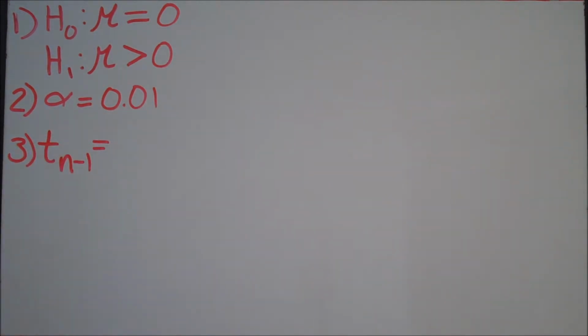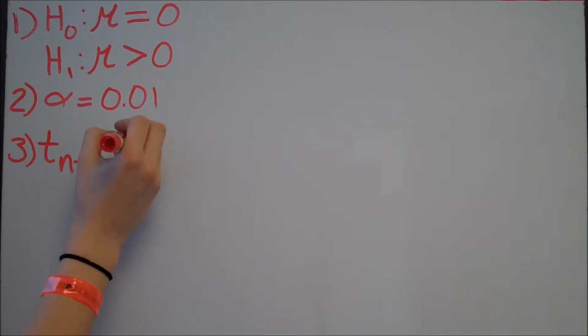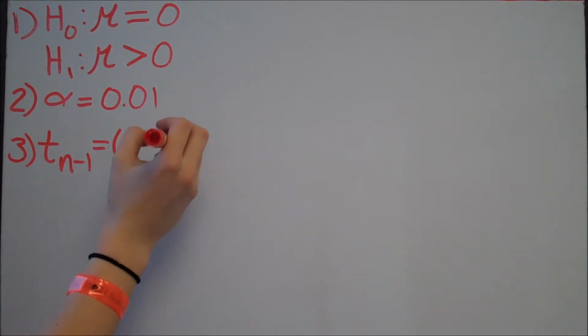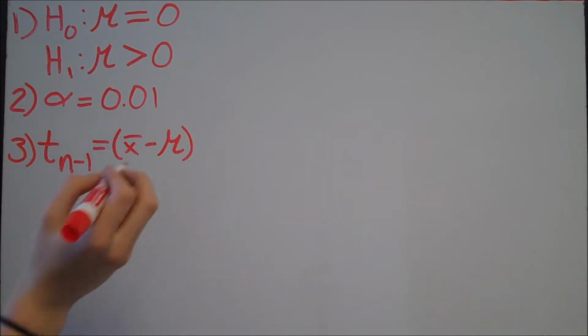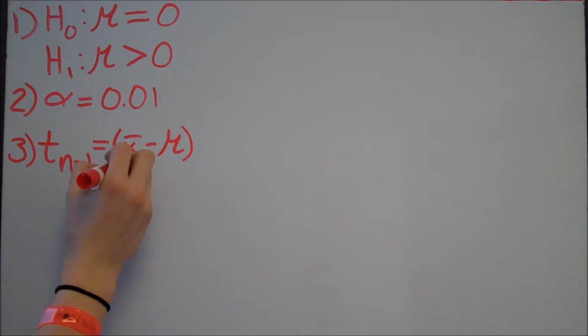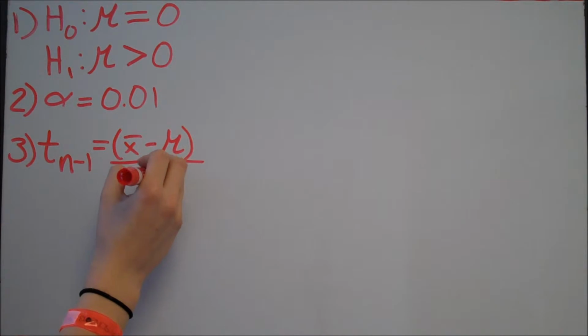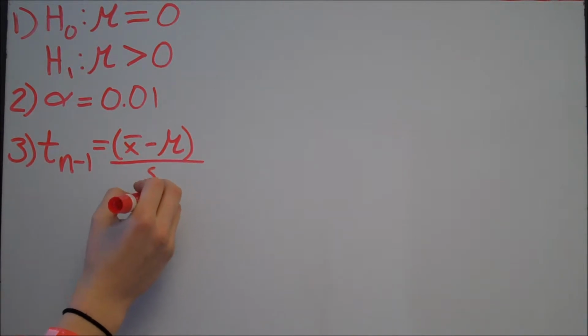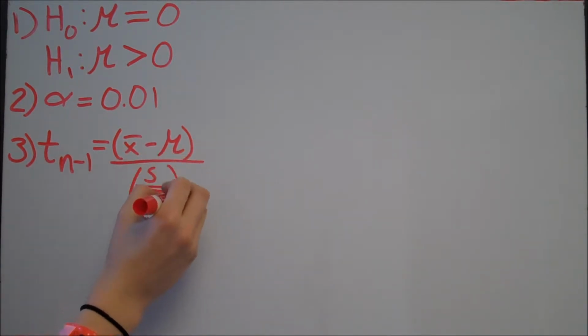The formula for that test statistic is the sample mean, which is x bar, minus mu, your population mean, over your sample standard deviation, over the square root of n, your sample size.